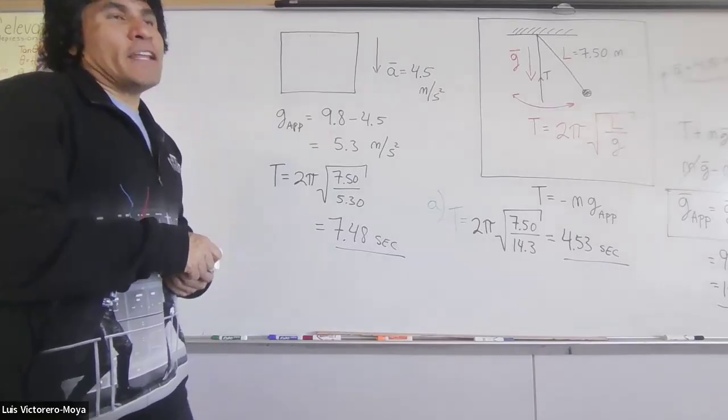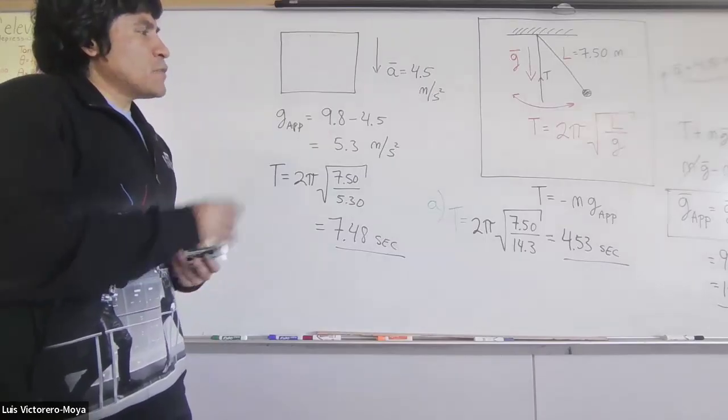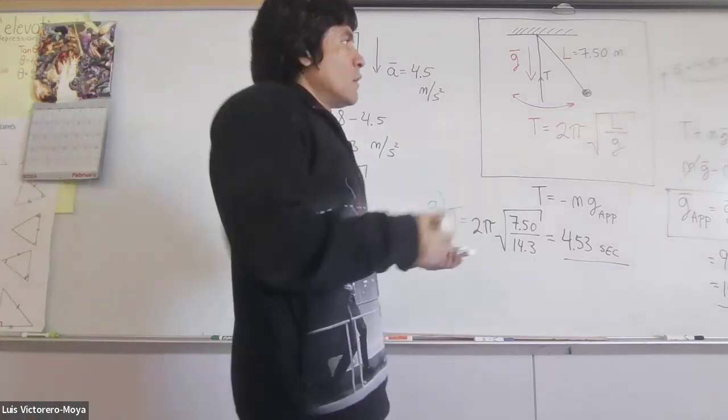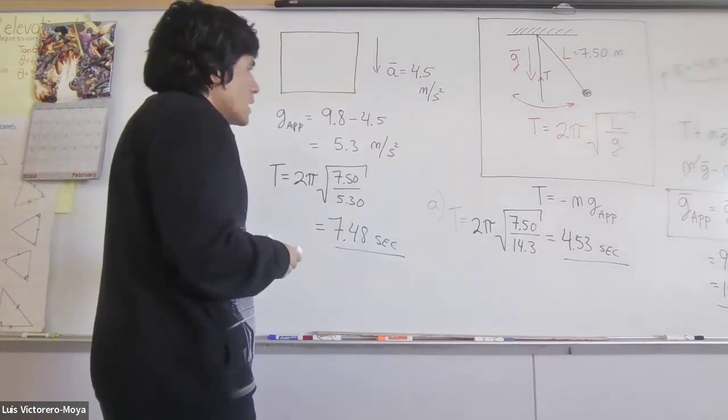What if the acceleration is horizontal though? If it's in a track moving horizontally, again, we're talking about vectors, right?